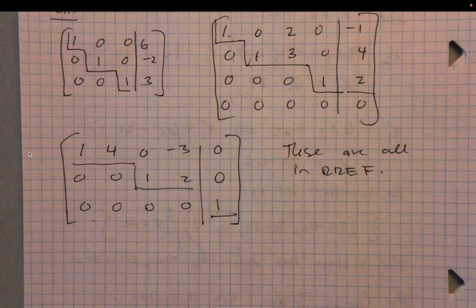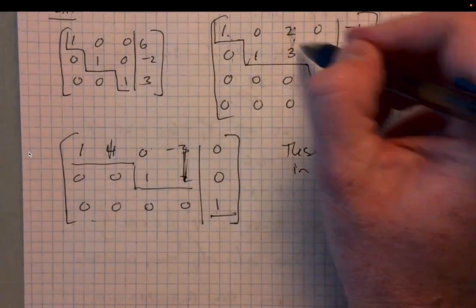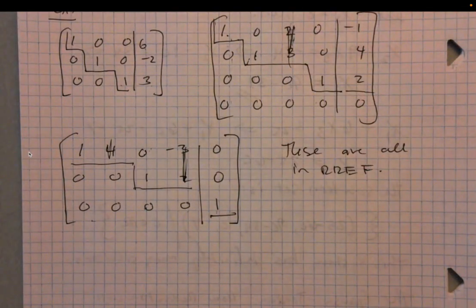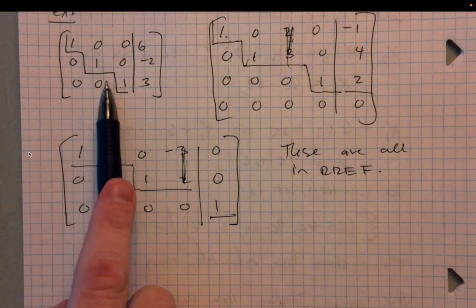Okay, so notice again, the key things here are the staircase pattern of the pivots, and non-zero, non-pivot entries only in columns without pivots, right? So here and here, here and here and here, these are okay because they're non-pivot columns. This one is going to have a unique solution, which we saw.